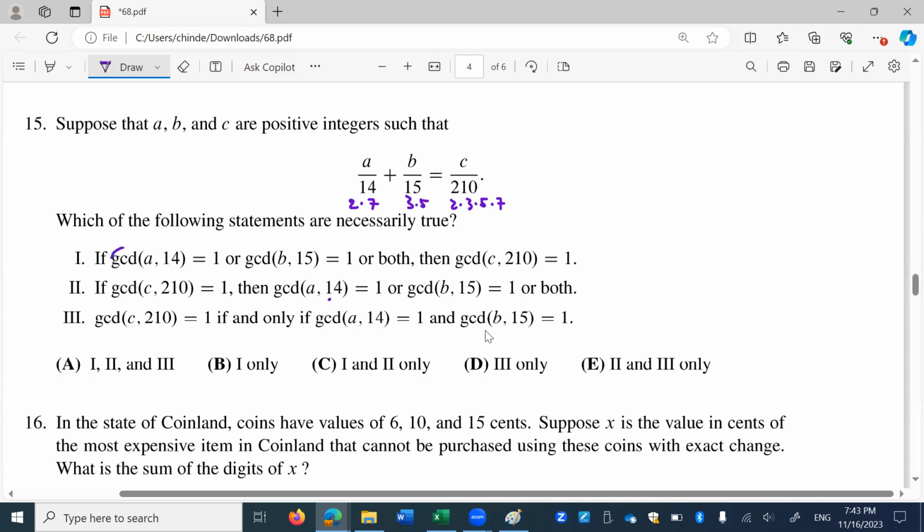And so the interpretation of this statement is that a over 14 does not reduce. So is it true that if either one or both of the fractions on the left does not reduce, then the fraction on the right does not reduce?